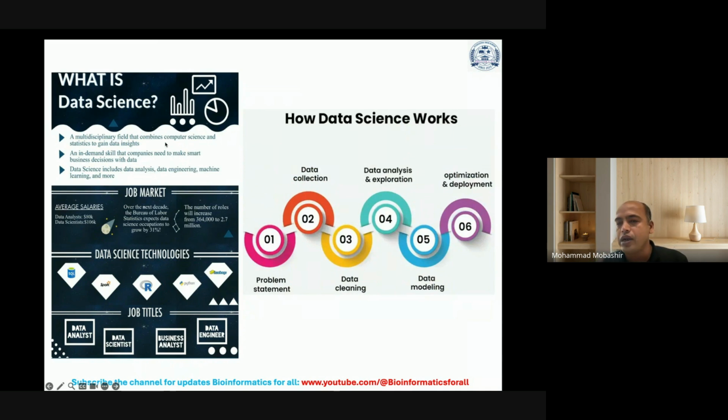It's quite an easy field, and it depends on your mathematical knowledge, not mathematical in that sense, but statistical mathematics and the coding. Two things, if you have them, and if you have some basic understanding in a scientific way, you are easily able to enter into the data science field and get a career in this field. Now, the skills, if I want to summarize, what skills you need?